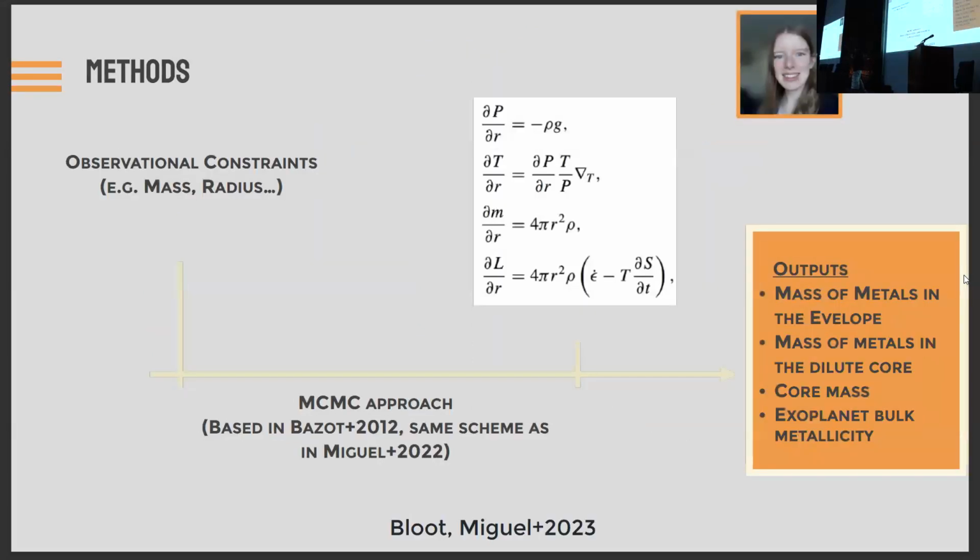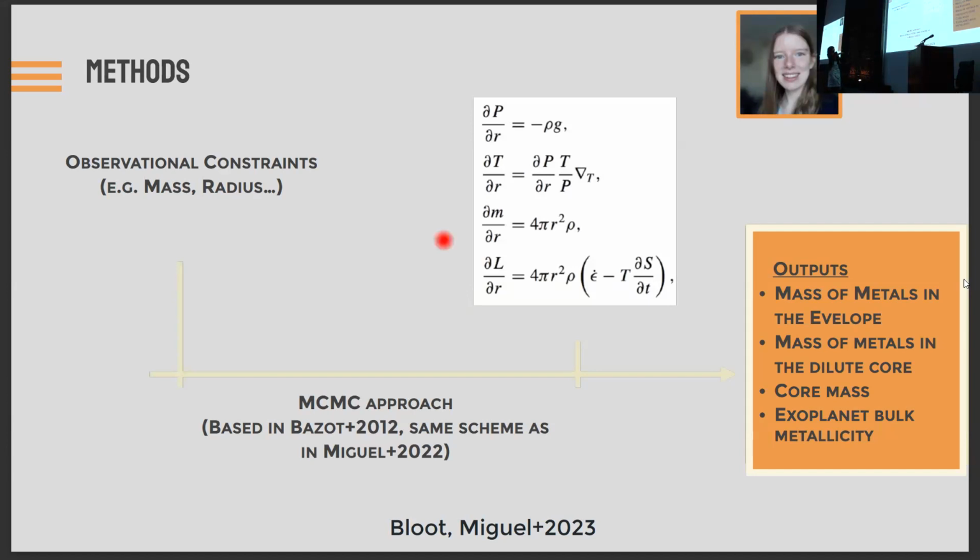All right, so in order to study this a little bit more, and also to know if it was possible to learn a little bit more about the interiors of exoplanets with atmospheric measurements, we made a retrieval model for interiors of exoplanets. And this is work done by my student, Sane. I put her picture there. And basically we start with the observational constraints, mass, radius, and if we have atmospheric measurements, then we have an interior model that we took actually from interior models for Jupiter and Saturn.